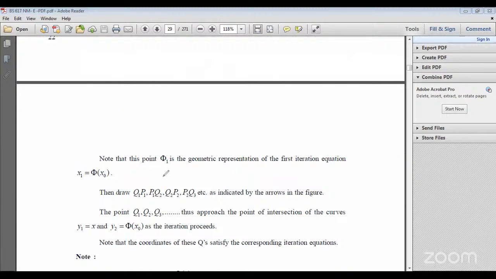Note that the point P1 is the geometric representation of the first iteration x1 from x0, then P1, Q1, P2, Q2, P3, Q3, indicated by arrows. In this process the points Q1, Q2, Q3 approach the point of intersection of the curves y = x and y = φ(x) by the iteration procedure.